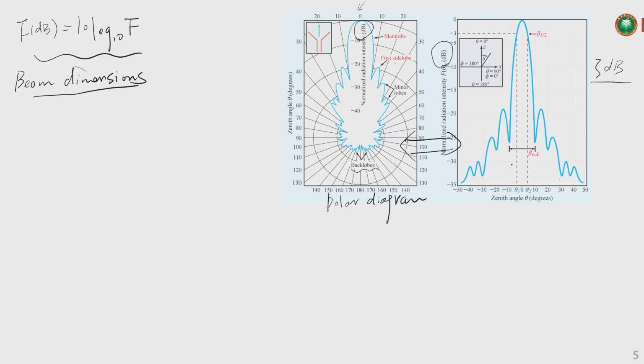So we can get the corresponding angles on both sides, theta 1 and theta 2. And then we can express the beam width beta equals theta 2 minus theta 1. That gives the half power beam width.